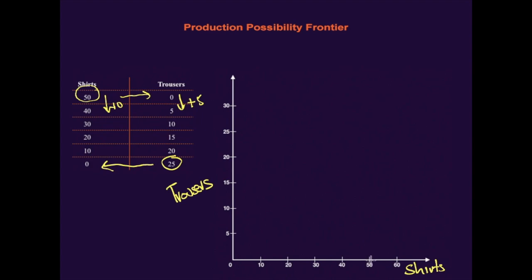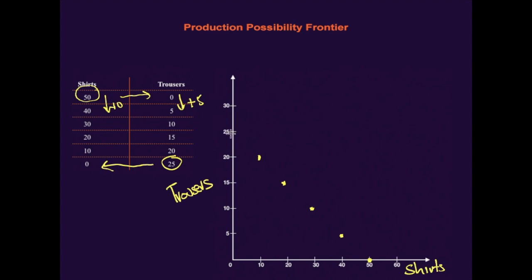For the first point, at 50 shirts you will have 0 trousers, and your second point would be at 40 shirts and 5 trousers, and your third point would be 30 shirts with 10 trousers, 20 shirts with 15 trousers, and then 10 shirts with 20 trousers.